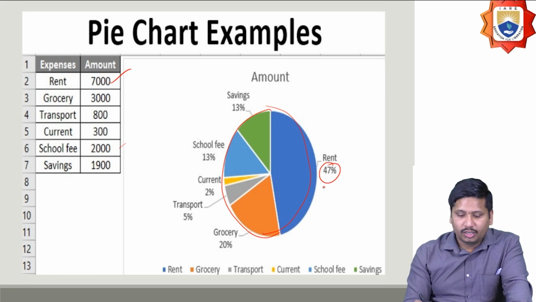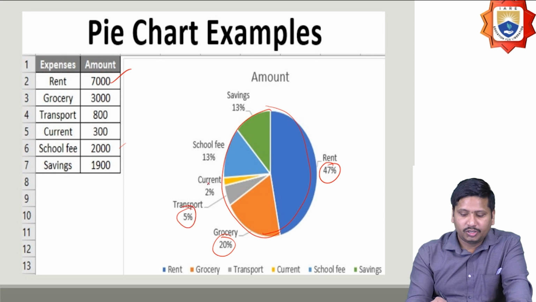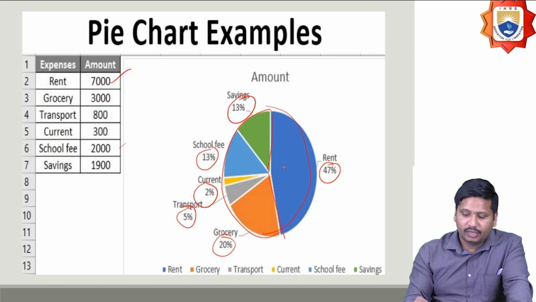I'm denoting that, and then out of this, grocery I'm representing 20%, transport is 5%, current, school fee and savings like this. So for this, make an angle of 47 degrees here, 20 degrees, 5 degrees, 2 degrees, and then 13 degrees.